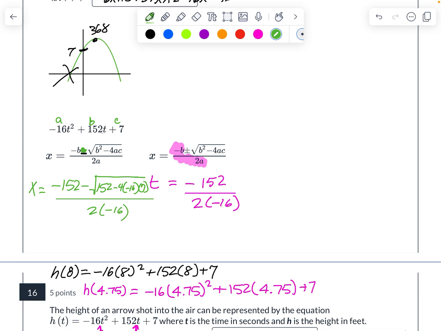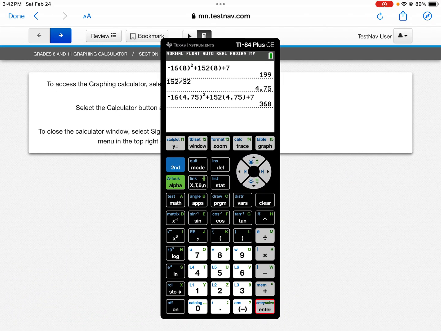So in my calculator, that's exactly what I'm going to type. I'm going to open a parenthesis, and I'm going to say negative 152 minus the square root of 152 squared minus 4 times negative 16 times 7. Got to get out of the square root, close my parenthesis, divided by negative 32.